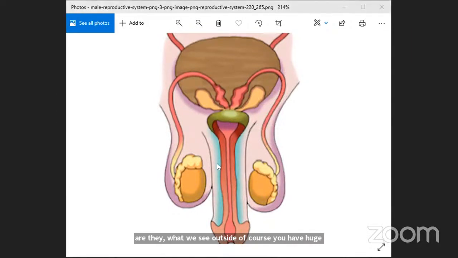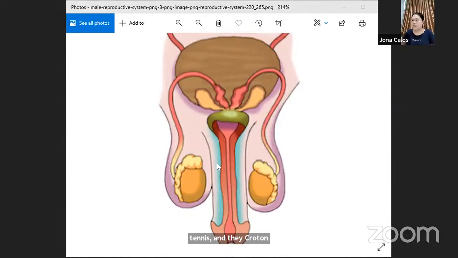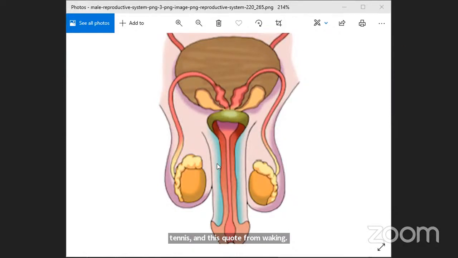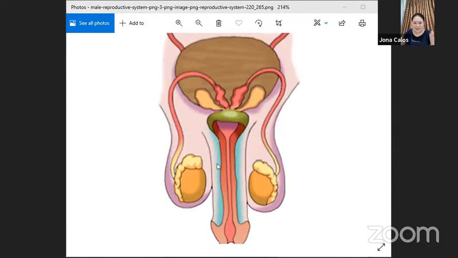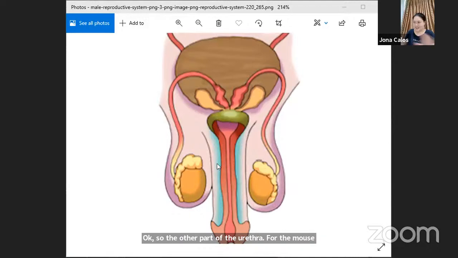Okay, why can't I see? Bad connection. Okay, so the outer part, where the mouse pointer is, although I cannot see it on my computer, is the penis, of course, and inside is the urethra, where semen with the sperm and urine passes.